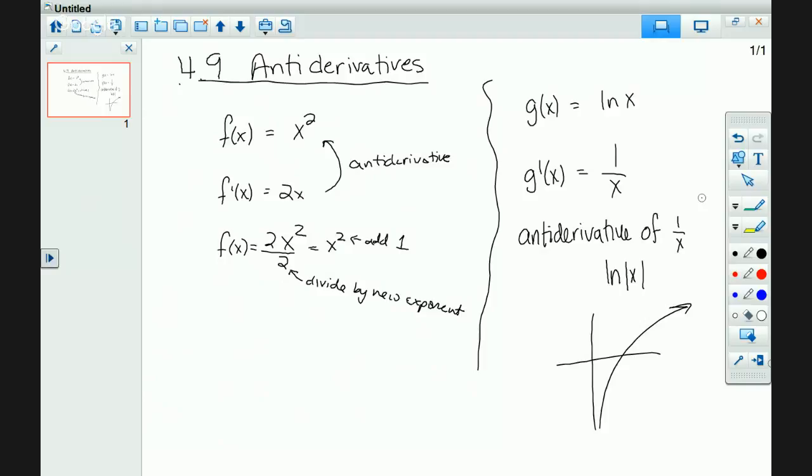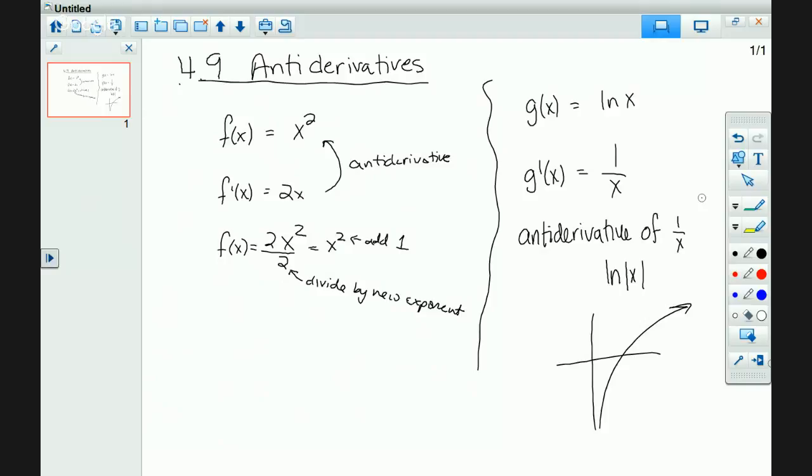We take care of them with absolute value. It's interesting how it works. Those are the two we're looking at today, and that gives you an idea of what an antiderivative is.